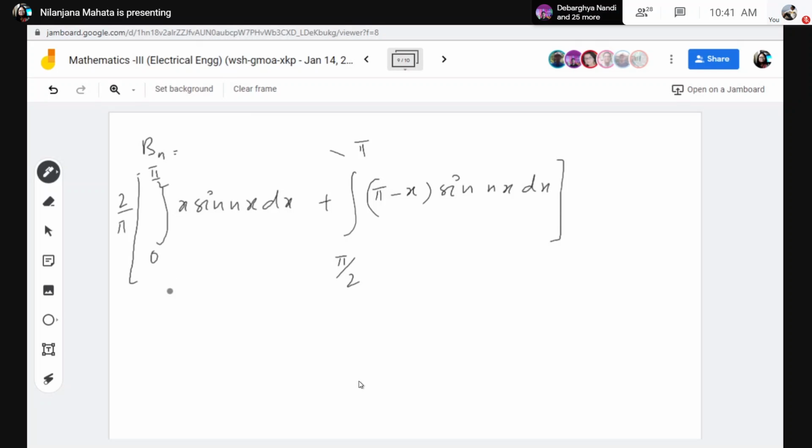First you integrate and before putting the limits, tell me what you have got. Then we will take the limit.